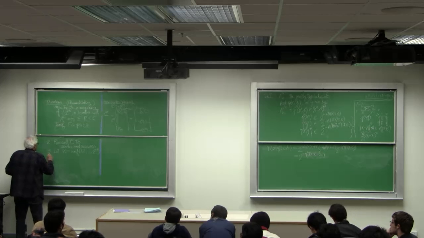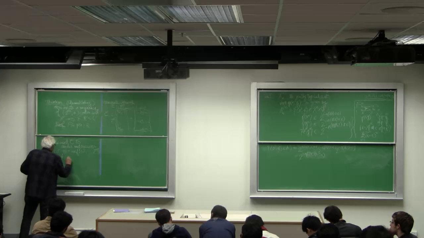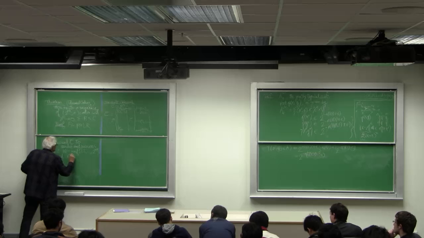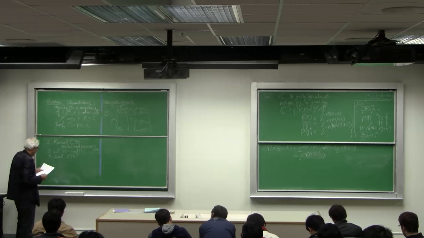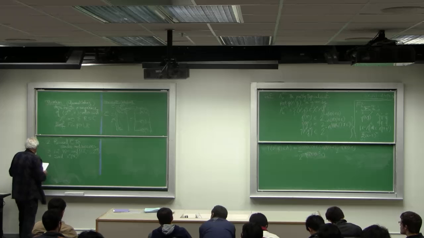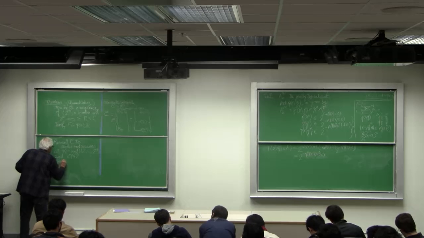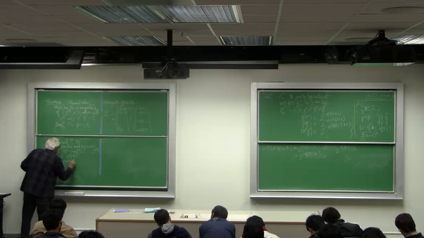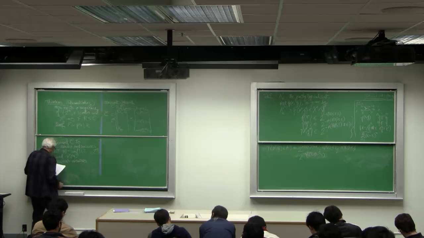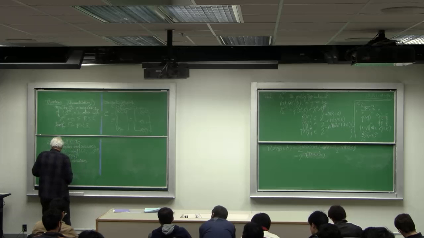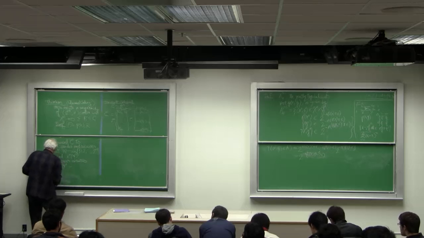Four, send the sequence associated with this randomly chosen W. Five, receiver observes Yn, and what's the distribution of Yn?